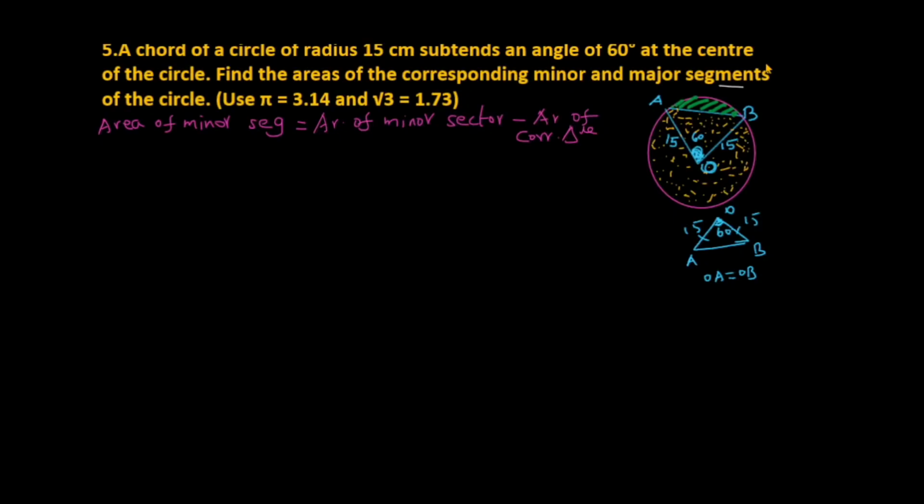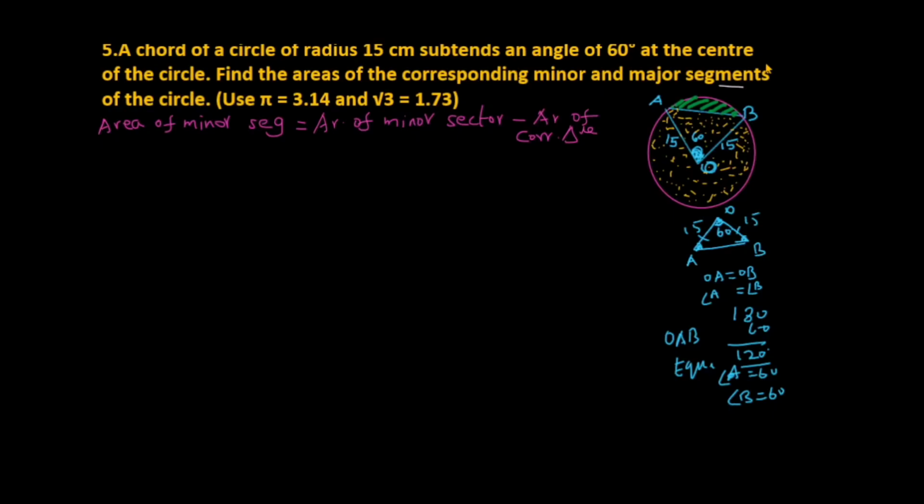Which means the opposite angles are equal: angle A is equal to angle B. One angle is 60, and the sum of angles of a triangle is 180. 180 minus 60 gives 120, which is equally divided between A and B. So angle A is 60 degrees and angle B is 60 degrees. So OAB is an equilateral triangle, because all the angles are 60 degrees.